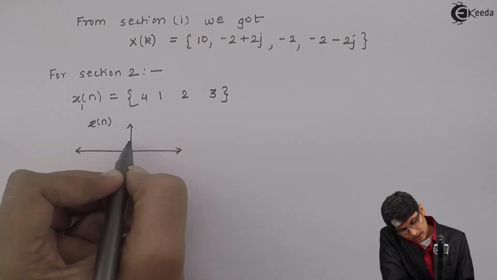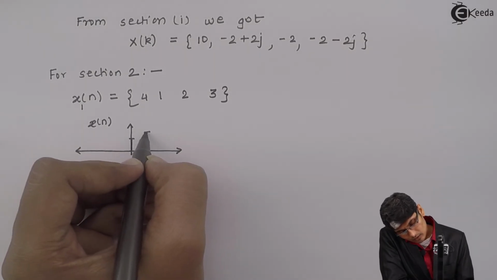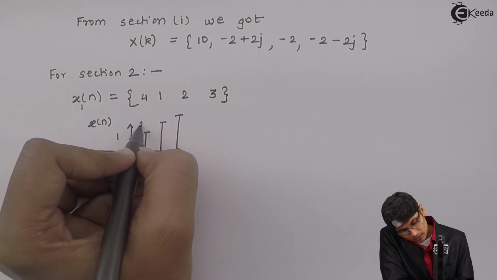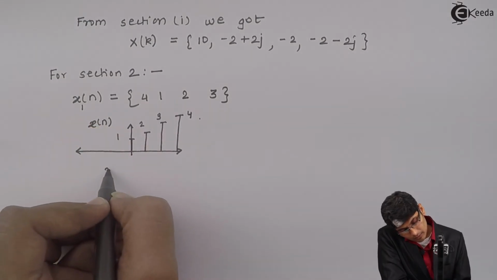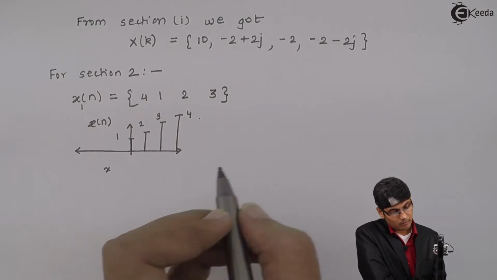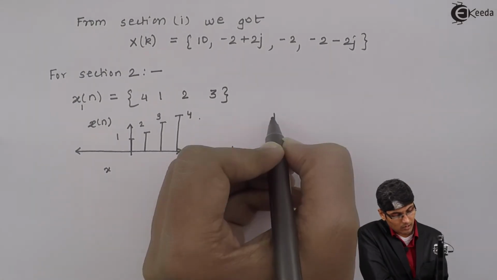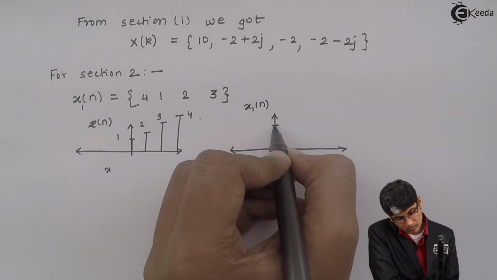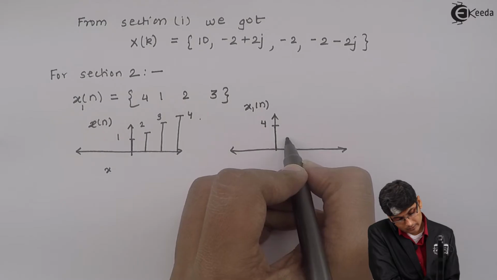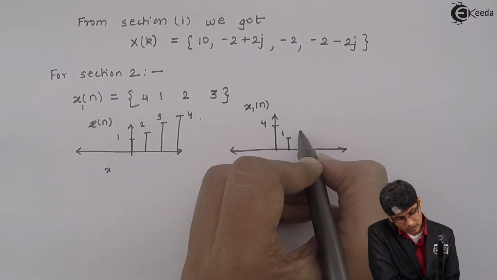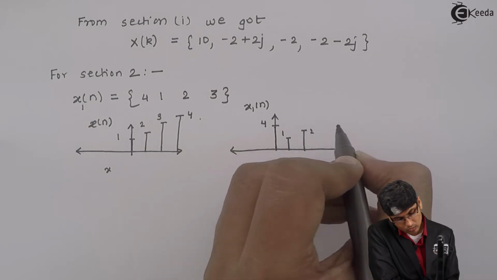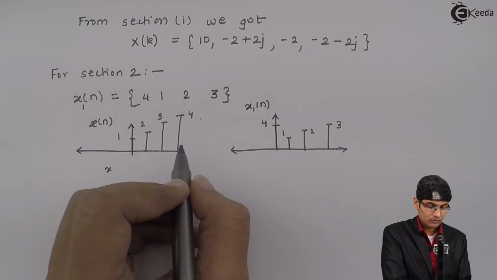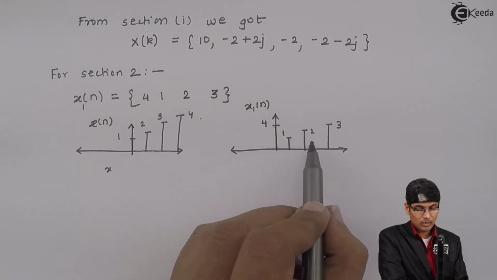If I see x of n as 1, 2, 3, 4, this is my given x of n, and my x1 of n is 4, then 1, then 2, and then lastly 3. So, I have 1, 2, 3, 4 as x of n, and x1 of n is 4, 1, 2, 3.